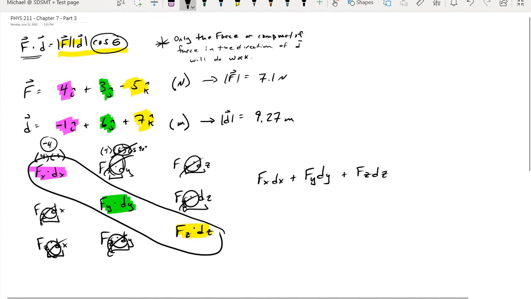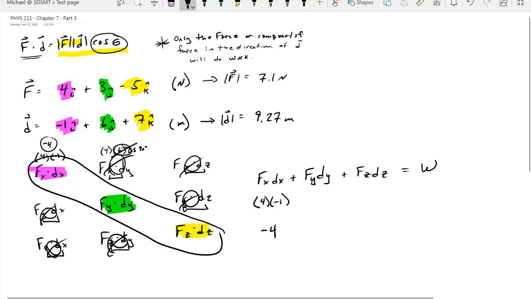Now, keep in mind, these are component values. These are not differential statements. But this will tell us what the work done by the force is. And as we said, we're going to use the signs of those numbers, because we'll end up getting the same outcome as what the cosine relationship does. We had 4 and -1, which is -4.